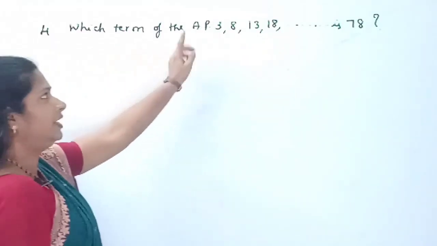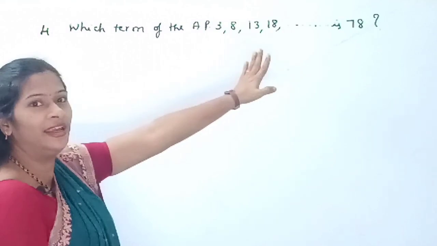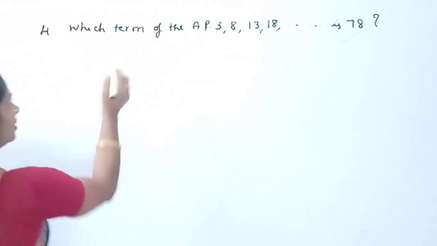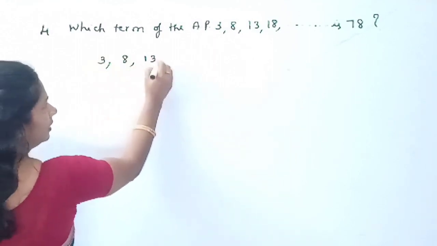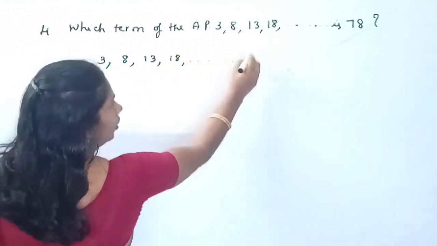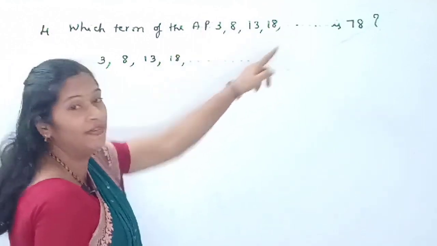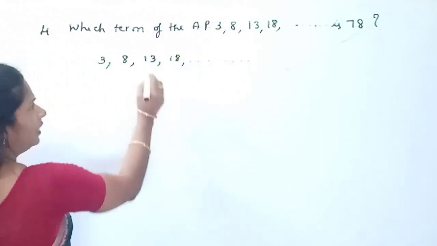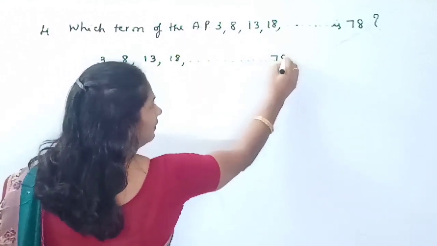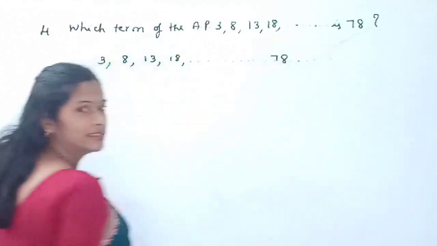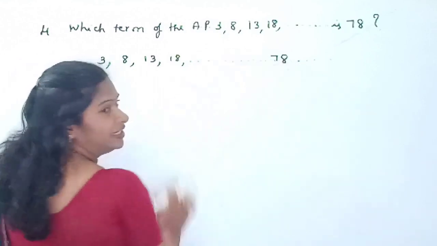Which term of the AP 3, 8, 13, 18 and so on is 78? What's the question, children? So the AP is given. So the AP is 3, 8, 13, 18 and so on. Now which term of the AP is 78, they asked. Somewhere after continuing this list of numbers, you may get 78.